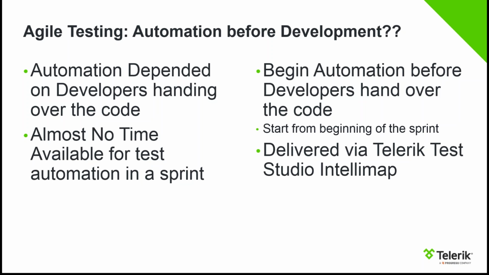The specific feature in Test Studio that we have is called IntelliMap. Now the feature IntelliMap is actually very simple. What it does is, even before your code is ready, all you end up doing is defining elements in air, like you define there is going to be a username, there's going to be a password, and then there's going to be a login button.